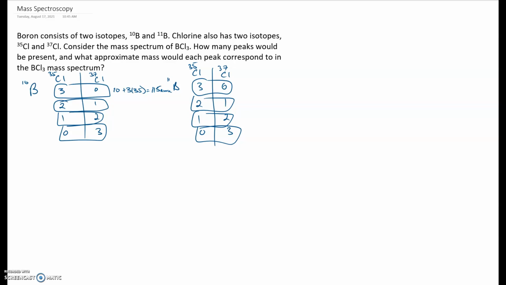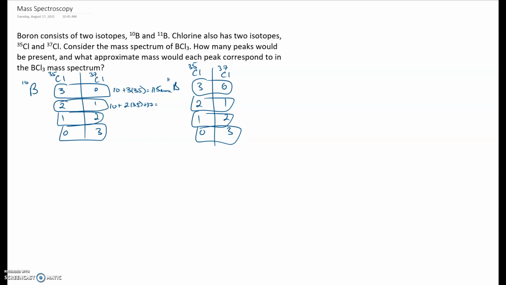And then you can go down here, and I'll write this one out. We'll have 2 35s plus a 37. So essentially my mass will have gone up by 2. Instead of having 3 chlorine 35s, I now only have 2, with one of the chlorine 35s replaced by a 37, which is about 2 AMU heavier.